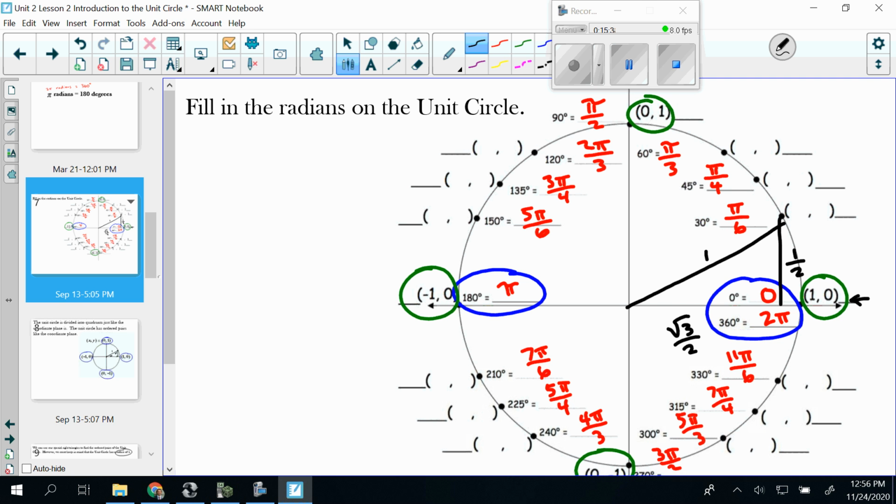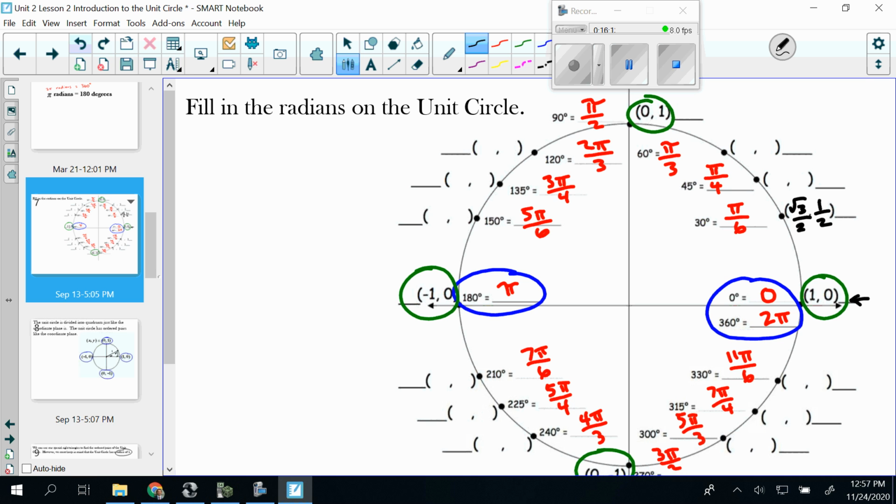So the x value, the amount going this way horizontally, would be square root 3 over 2. The amount we'd go up vertically for our y would be 1/2. And so that would be the amount that we would fill in there. So get rid of that triangle because I'm going to want some other ones in here. So this is the same as square root 3 over 2 and 1/2. So that would be my ordered pair there.